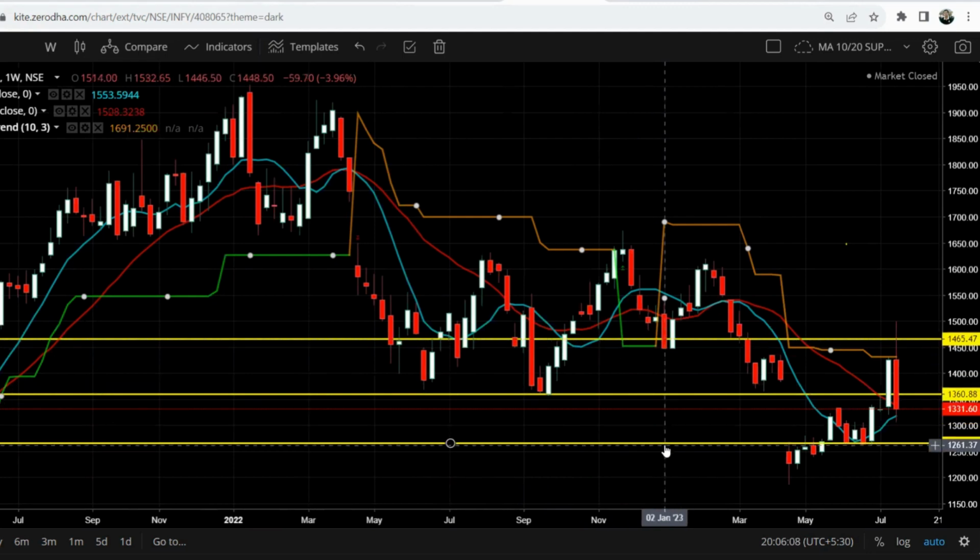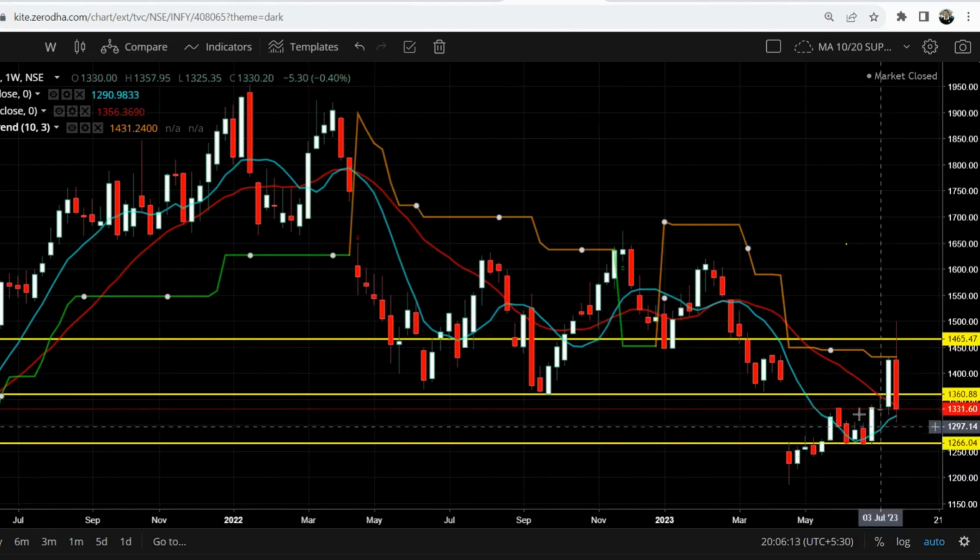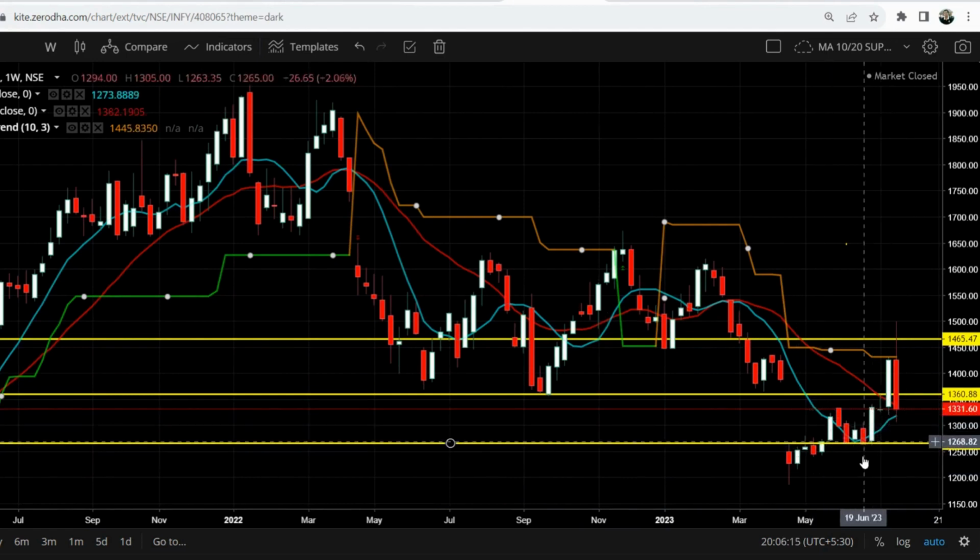So two resistances I have updated. Support is 1,260. If it touches here, buying should proceed from here itself.